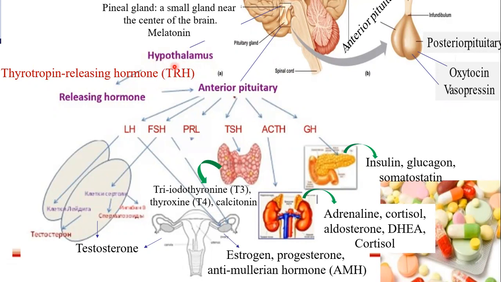Thyroid releasing hormone acts on the anterior pituitary, and the anterior pituitary produces TSH, or thyroid stimulating hormone, and thyroid stimulating hormone acts on the thyroid gland, and the thyroid gland synthesizes triiodothyronine and thyroxine, or T3 and T4.